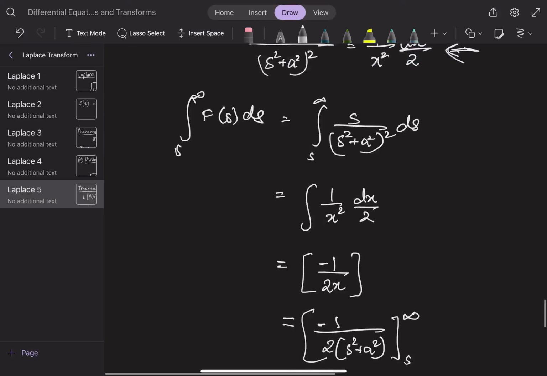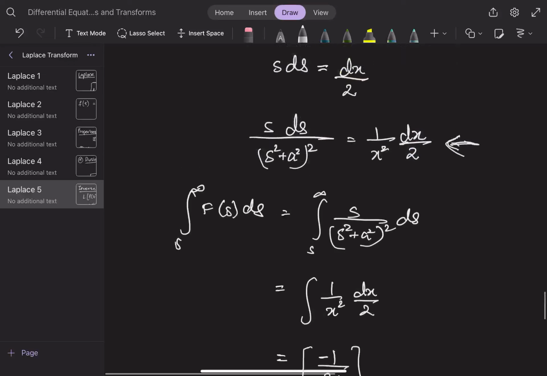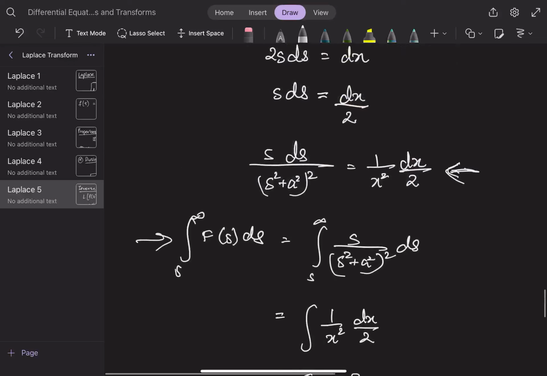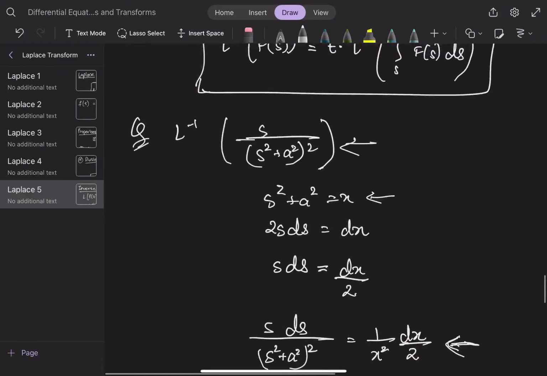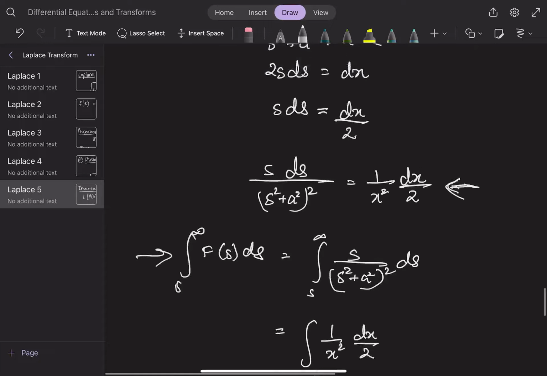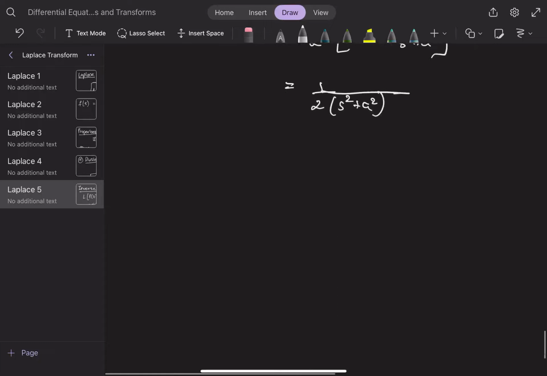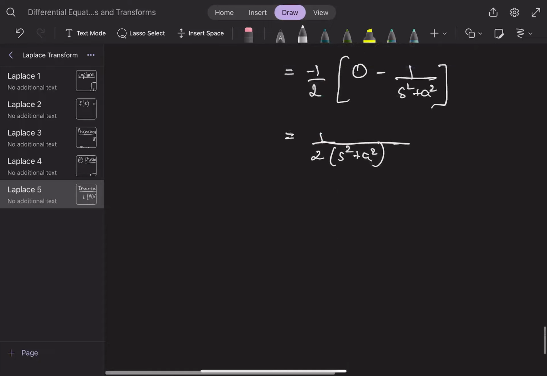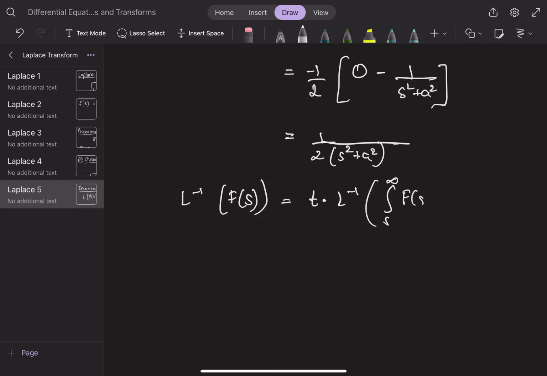So you have this answer, but what we actually need is this. So let's continue. Laplace inverse of F(s) will be t times Laplace inverse of integral s to infinity F(s) ds, which we have just calculated.